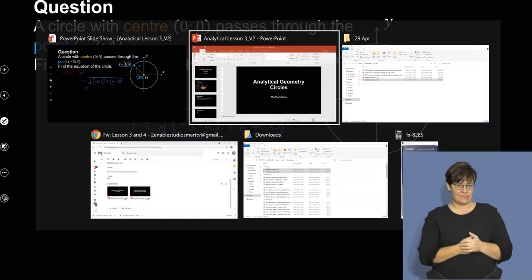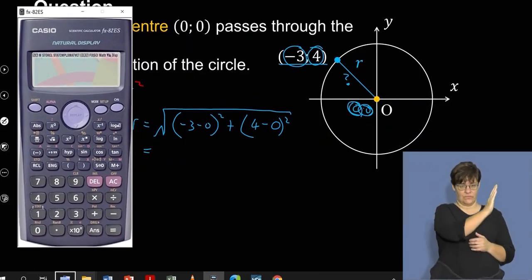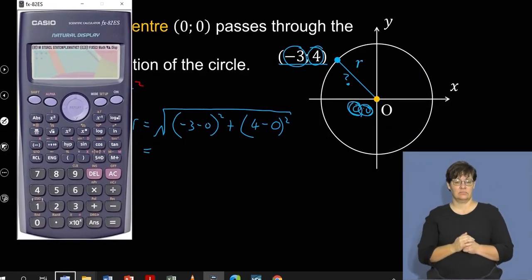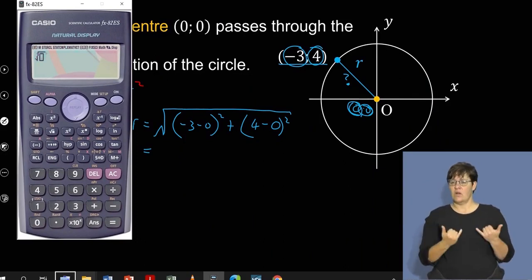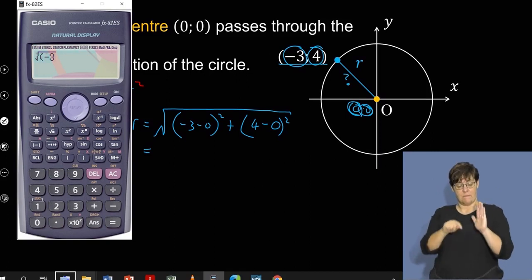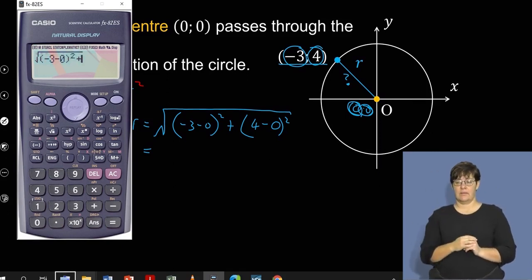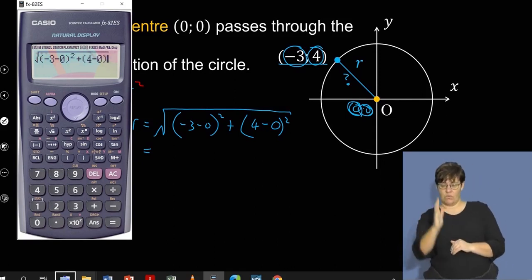So I'm going to take out my calculator, which is here, and I'm going to go and move it to the left-hand side of my board, and I'm going to go put in what we have. So the square root of open brackets -3 minus 0, close brackets squared. I'm going to add the y's. I'm going to go 4 minus 0 squared.